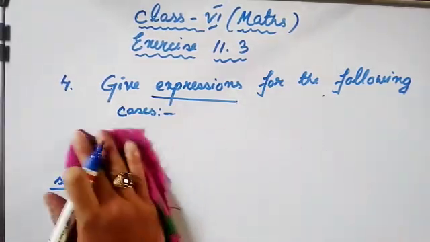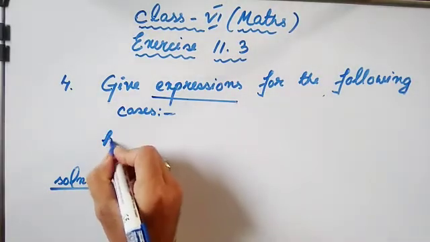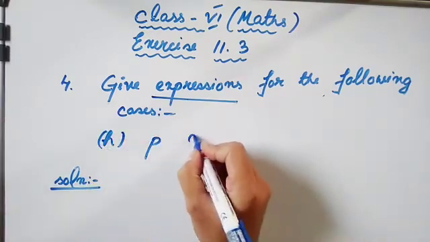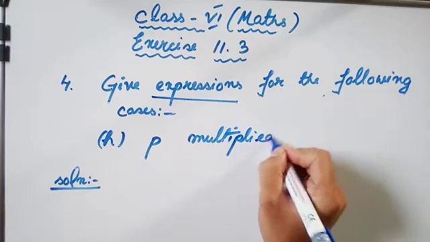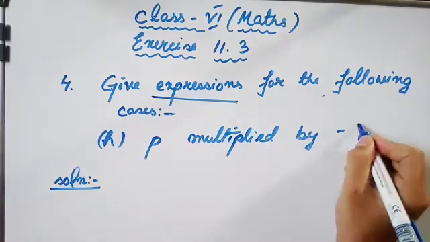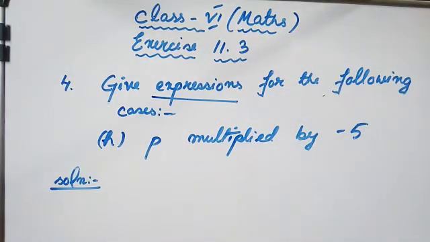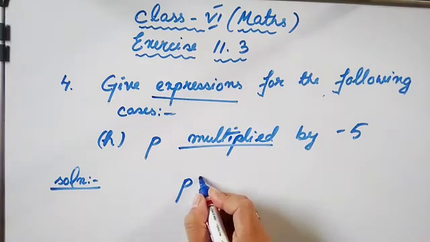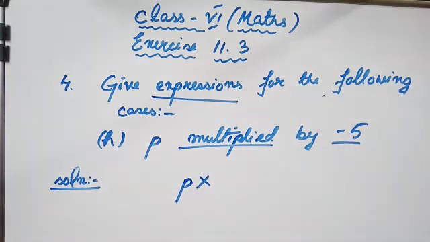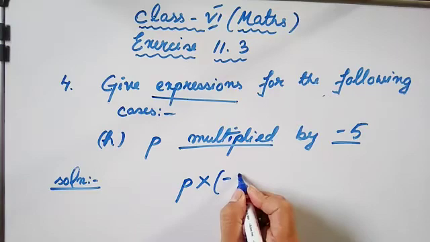For question number 4, there is p multiplied by minus 5. So our first step will be p multiply means into minus 5, right? So you put a bracket and we write minus 5.